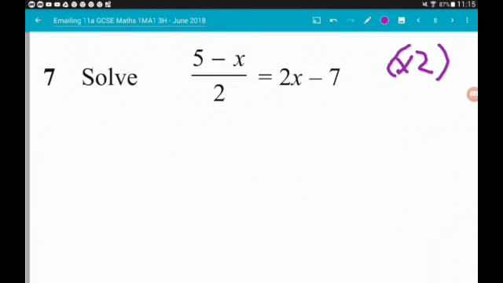It's already being divided by 2, so multiplying by 2 simply cancels that out. So we get 5 minus x is 2 times the right hand side. So 4x minus 14.